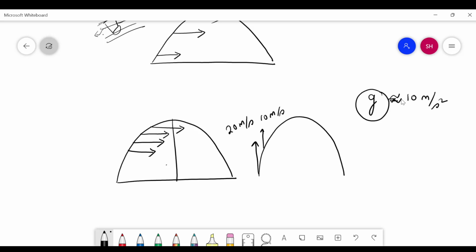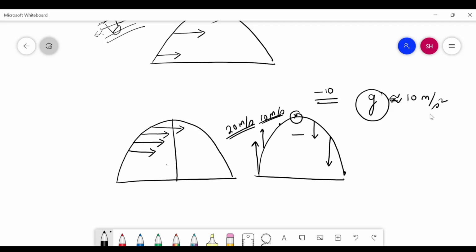Eventually it will stop, because the next second it will have only 0 meter per second. It will stop going up, then it will come down, like it will become -10, coming down by 10 meter per second. In the next second it will come down by 20 meter per second, and eventually it will reach the ground.